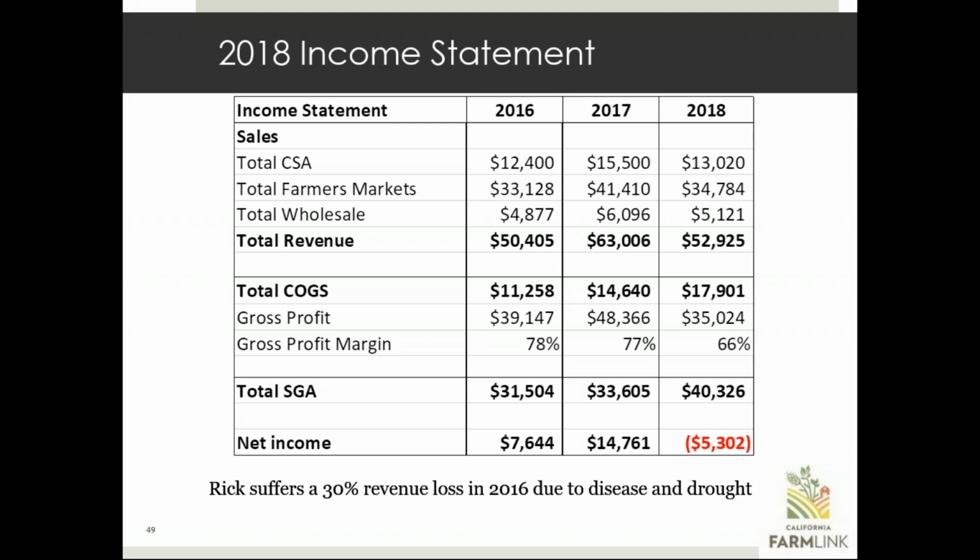And note, sure, the year is incorrect there, but he suffered a 30% revenue loss in 2018, we're projecting out, and this is due to disease and drought. So you can see in the net income that he had a loss. And we're going to talk a bit about some options using whole farm revenue protection, how that can be addressed.